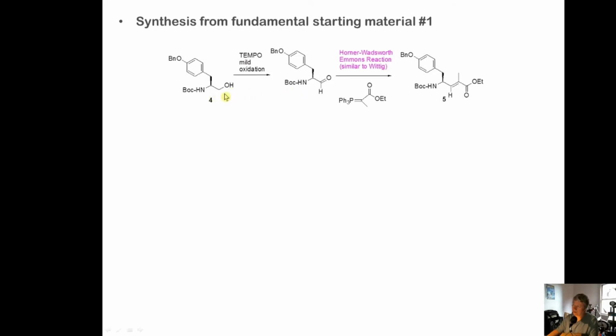But it just makes an aldehyde. You could use PCC, and PCC would do the same thing. PCC is kind of toxic and bad for the environment. That's why people use these non-PCC reactions like TEMPO.